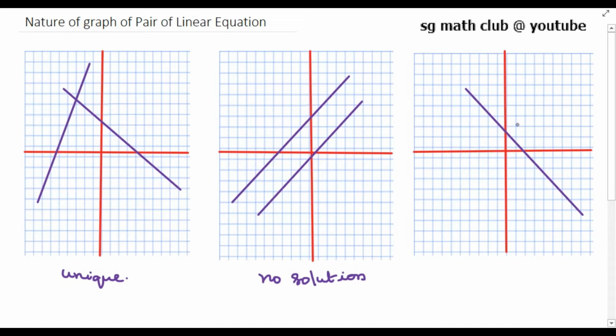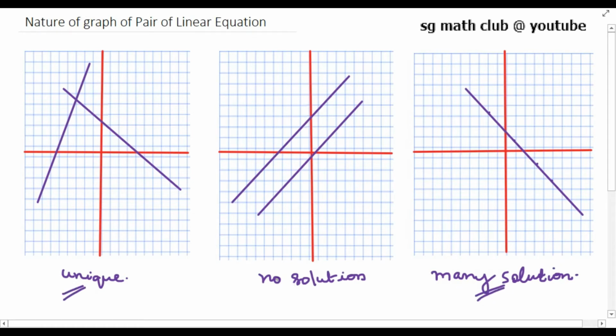And if the graphs of a pair of linear equations coincide, that means when you draw the graph for both equations, they lie on the same line. That means it has many solutions. We know that when a pair of linear equations has a solution, we say the system of equations is consistent, whereas if it does not have any solution, we say it is inconsistent.